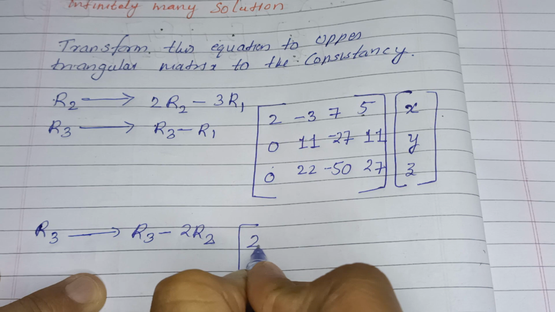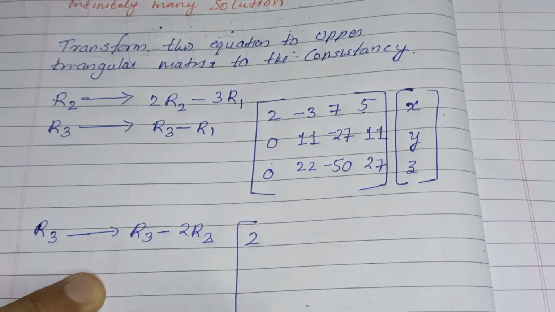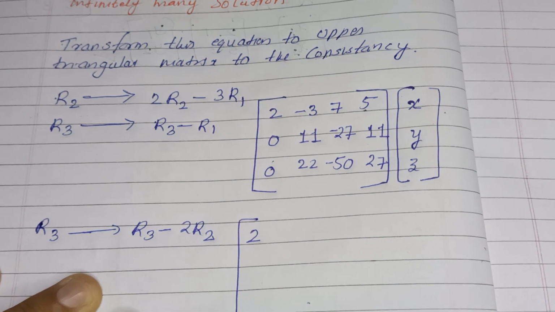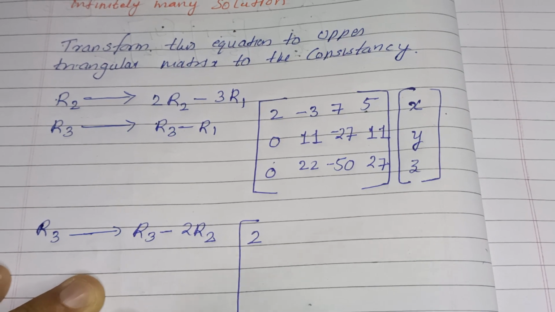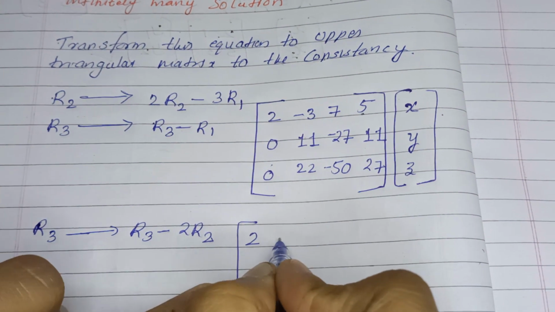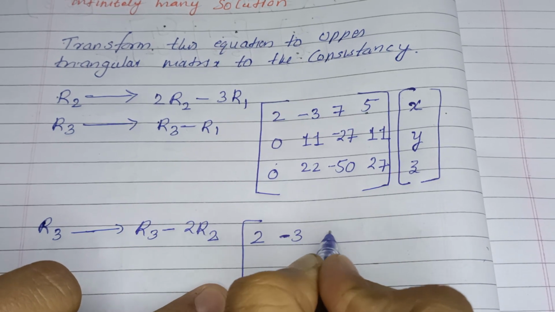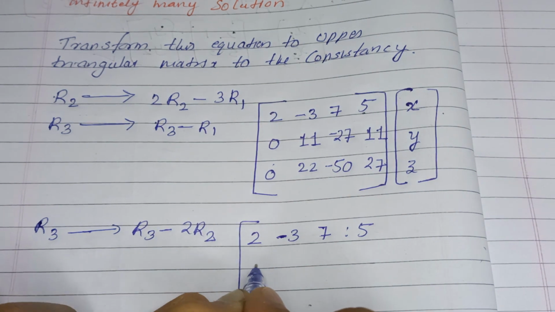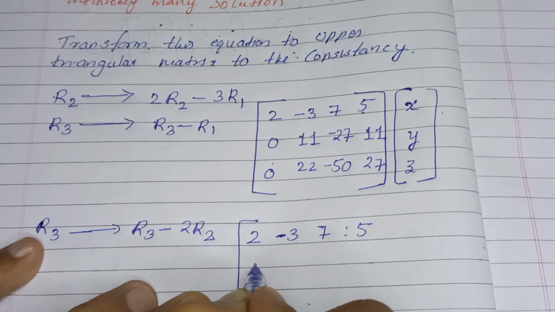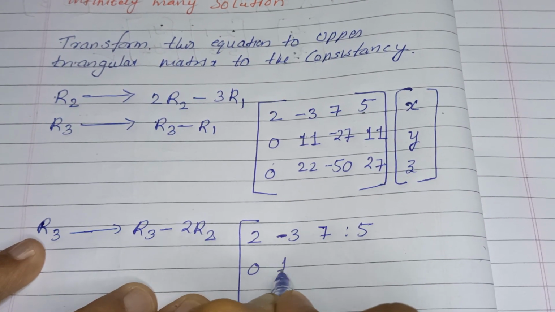2. Here we have the same, we don't need to change, we can write the same as it is. And over here the second also we write the same, we haven't changed anything.